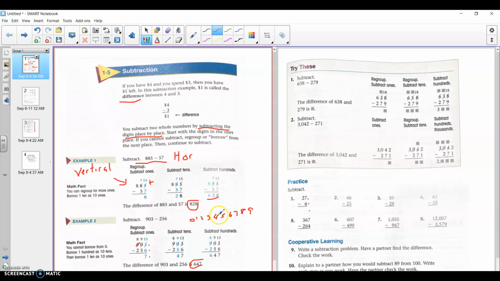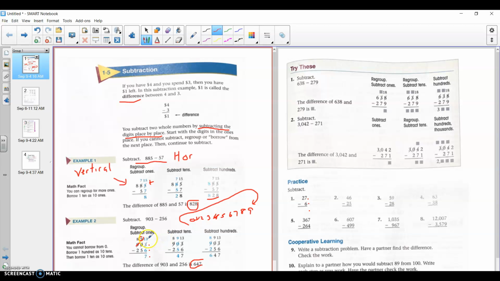If I borrowed 1 from 4, it becomes a 3. If I borrowed 1 from 1, it becomes a 0. Now, I could not borrow from anything that's not home. You see the 0? There is nothing to the left. So you're actually going to go all the way to the end, and you're going to put that 9 again.